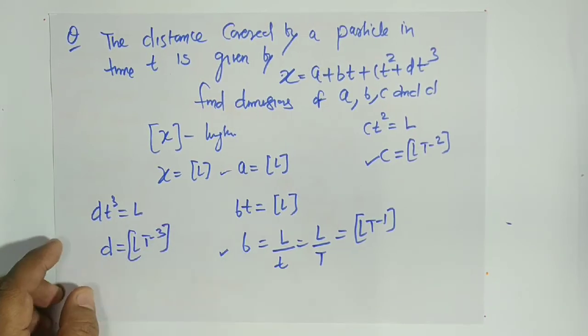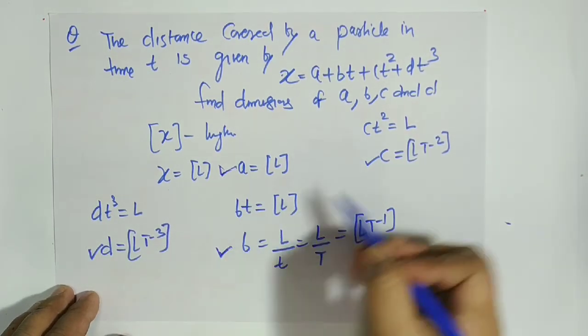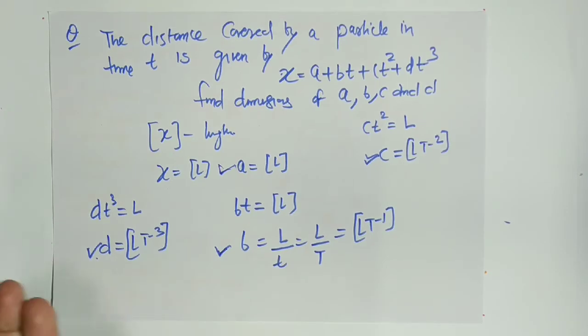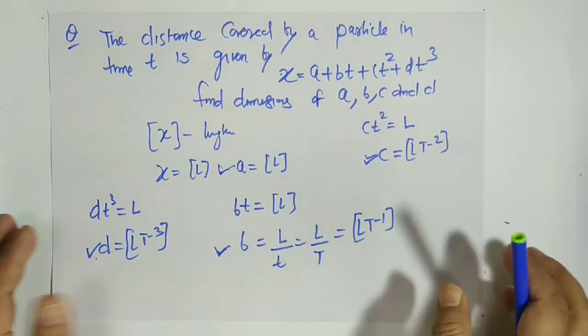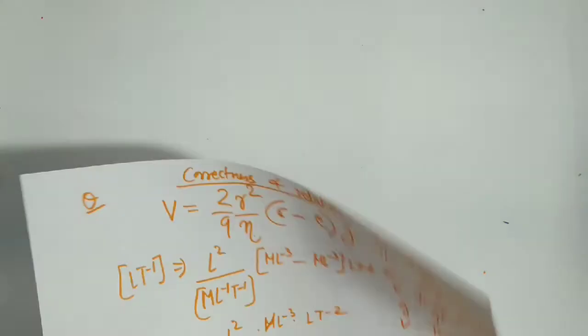So this will be the answer. In this way a, b, c and d, you got it. These are the dimensions of the unknown quantities. They follow homogeneity, so you can find them out. This is very easy.